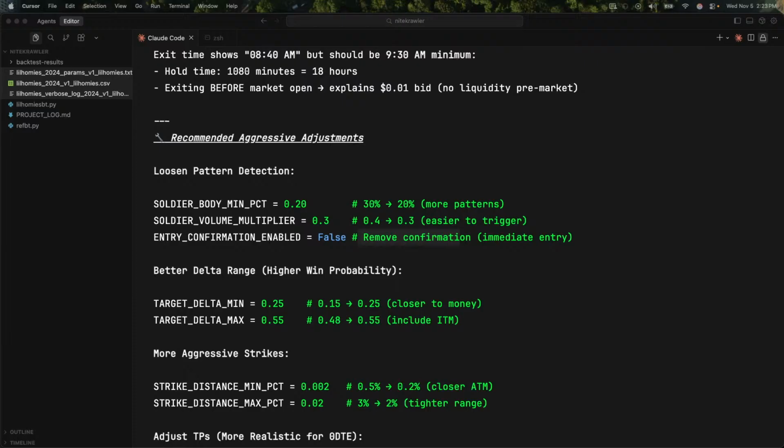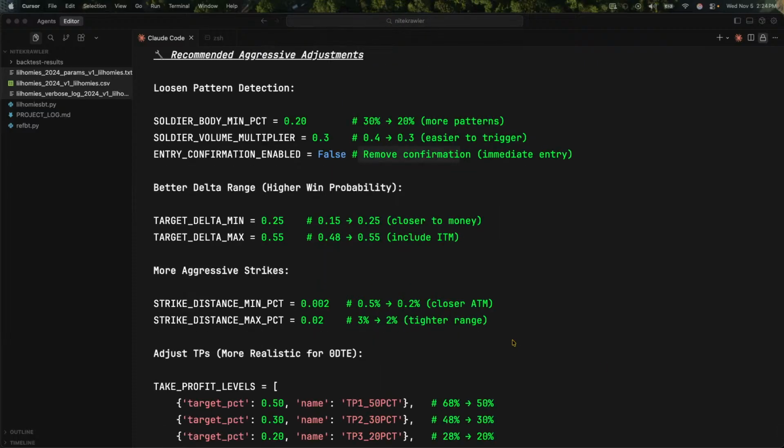Delta min, keep it where it is at, and delta max, let's go 0.60.